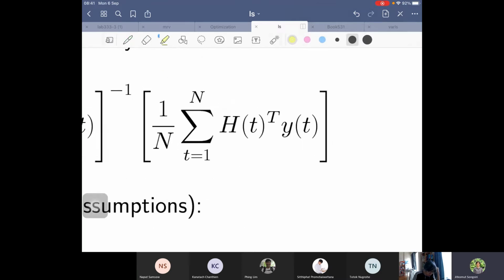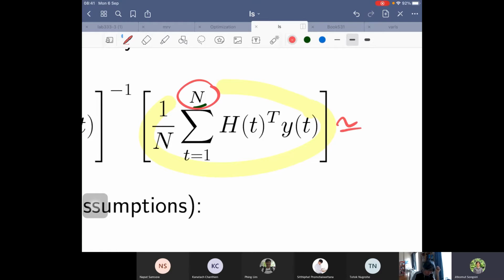This term looks like the summation of many terms. We're going to think of when n is large, when n is big, you have a lot of data.